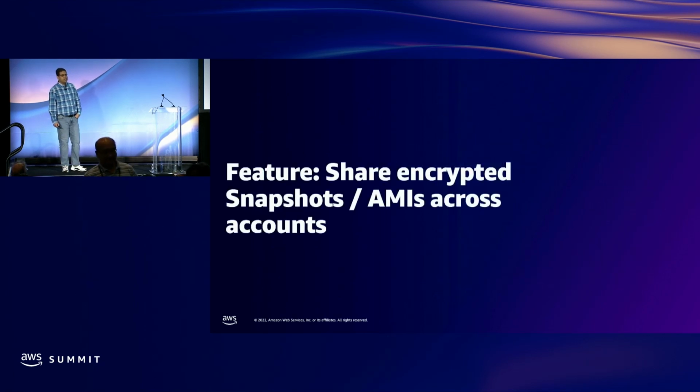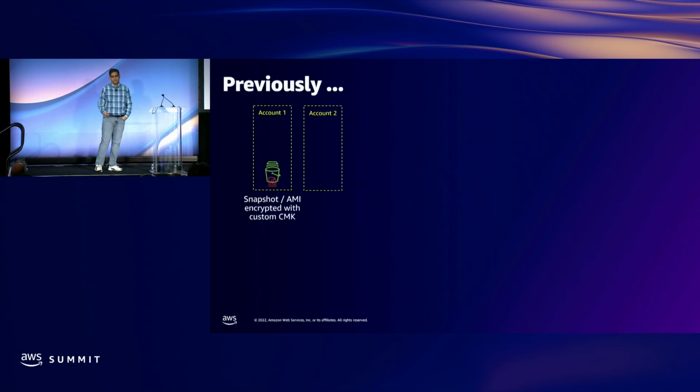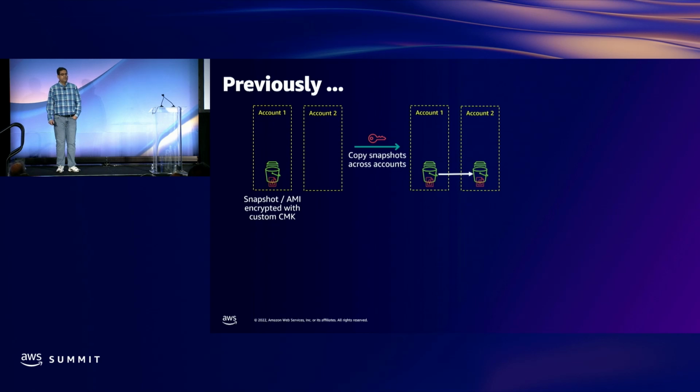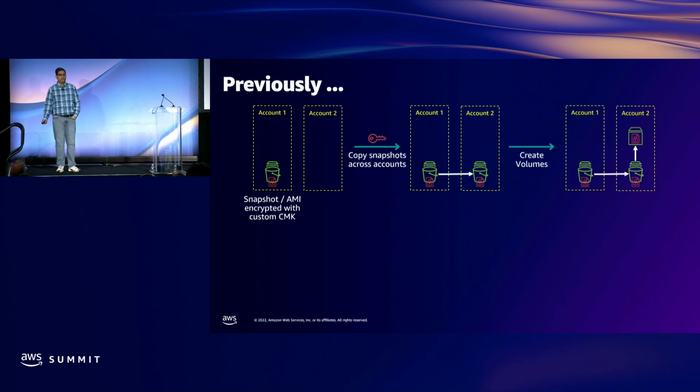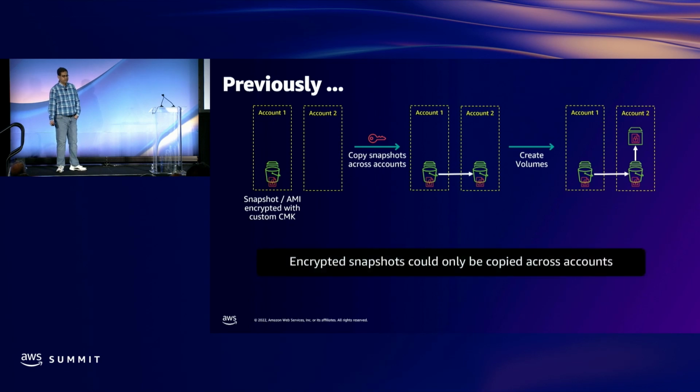If you now want to share your encrypted snapshots or AMIs across accounts, that's the second feature. Previously, if you had an encrypted snapshot in account 1, you would need to copy it into account 2, and then launch an encrypted volume in account 2.